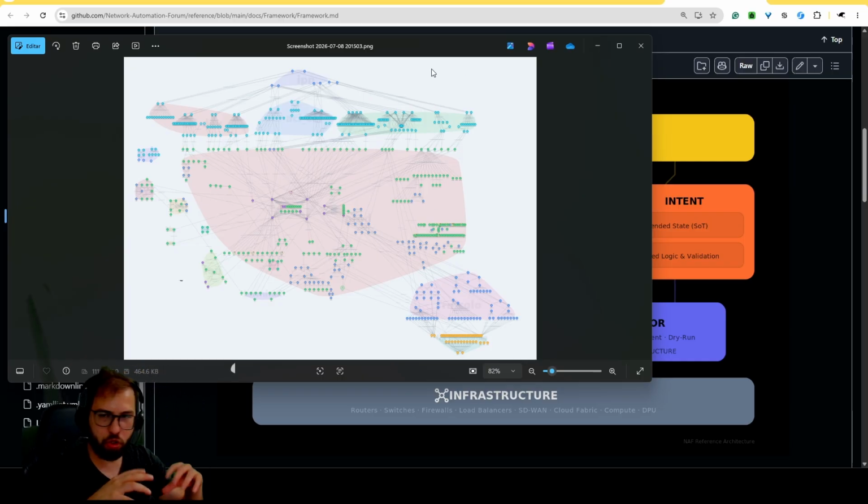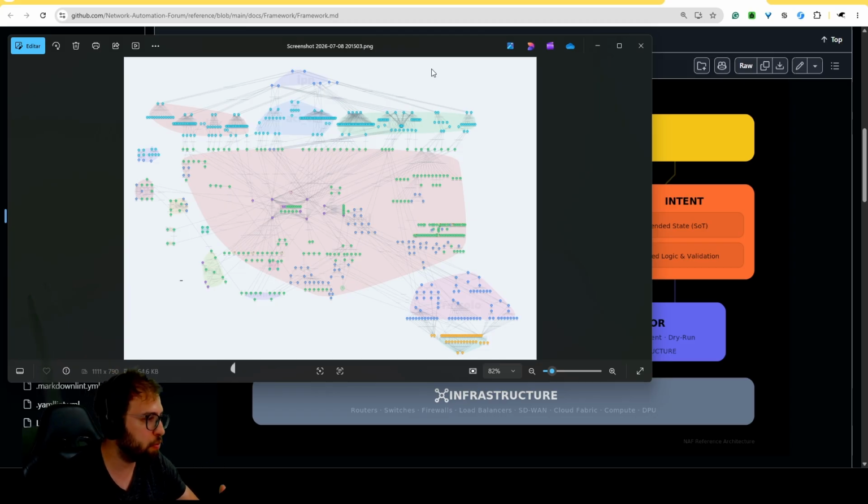How are you going to manage all of this when we're talking about thousands of devices and avoid the network becoming tribal knowledge, where whoever has been here the longest is the one who can understand, mitigate problems, and automate? So our idea is that we can model this in a way that's clear and understandable for us to create automations and to understand what would happen in a change.